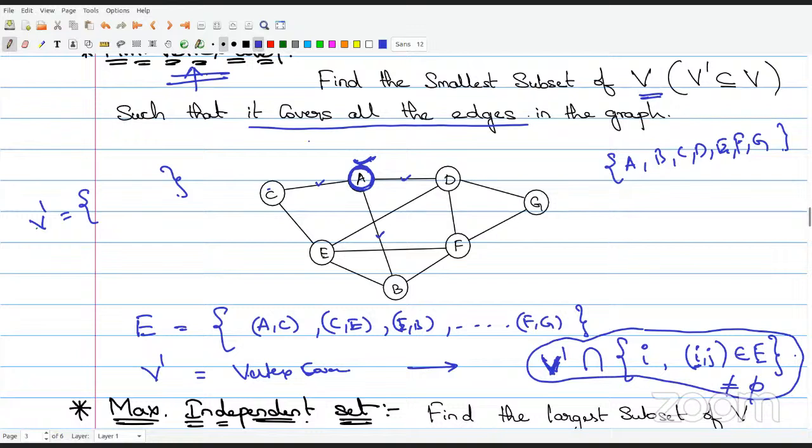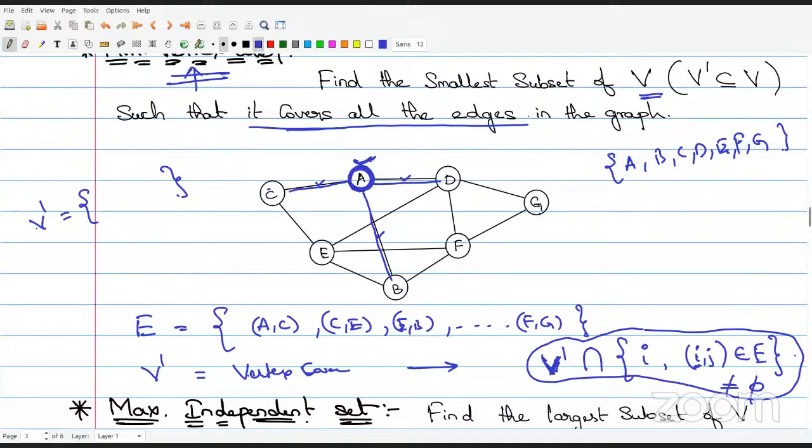Before that, has everyone understood what covering means? A vertex covering an edge means that vertex should be one of the endpoints of that edge. If I take vertex A, it covers edges AC, AD, AB. These are the three edges covered by vertex A.